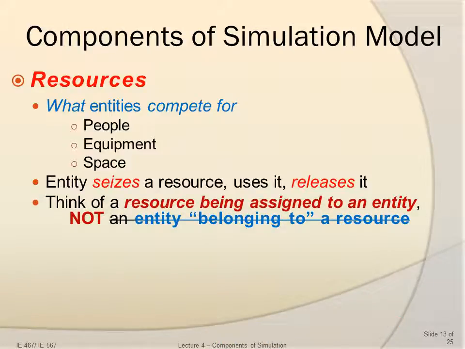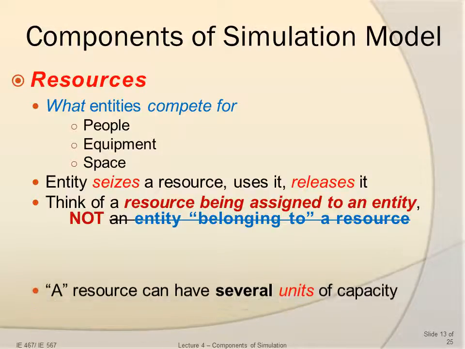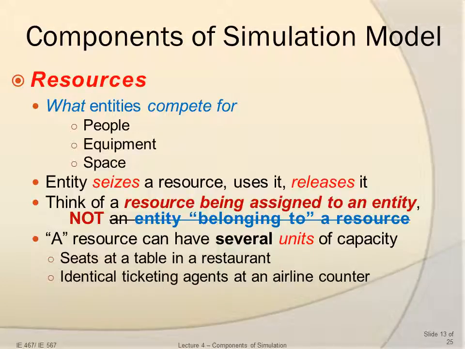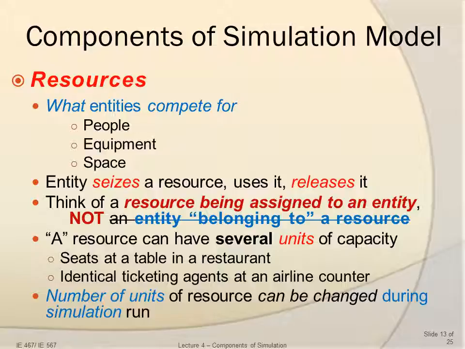Think of resource being assigned to an entity, not an entity belonging to a resource. A resource can have several units of capacity. Example, seats at a table in a restaurant. Identical ticketing agents at an airline counter. It's also important to remember that the number of units of a resource can be changed during a simulation run.